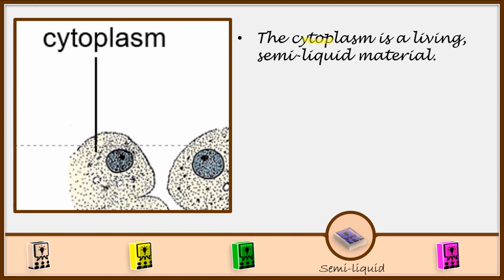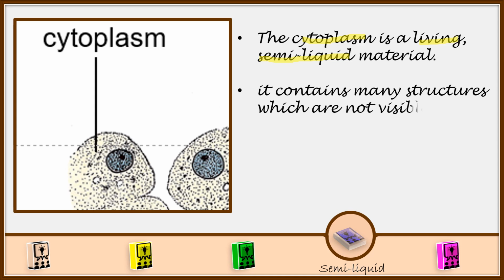The cytoplasm is a living semi-liquid material. So what we call the cytoplasm, this one inside the cell, is a semi-liquid living material. It contains many structures which are not visible at this magnification.